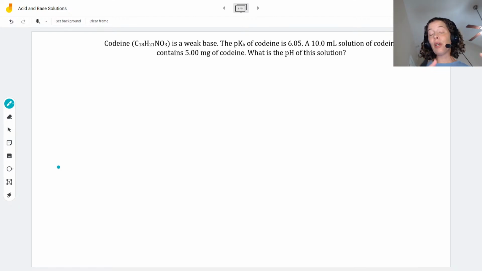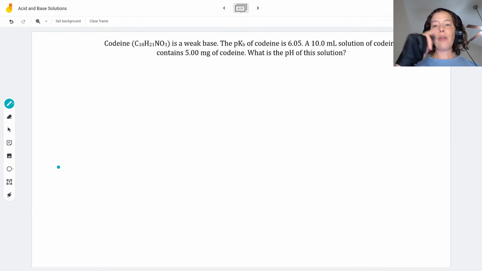So this is similar, but again, we're adding in a few more twists just to make the problem a little bit more difficult. But again, you bring in more of these concepts and you synthesize them in these acid and base problems. So I am not going to start with my ICE table right away, because what I really want to do is get the concentration first and use that concentration in my ICE table.